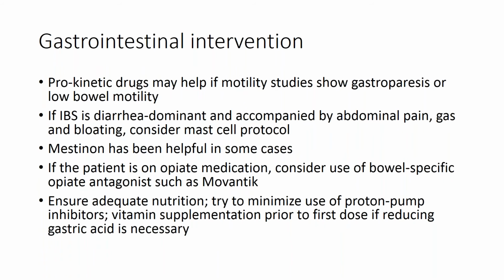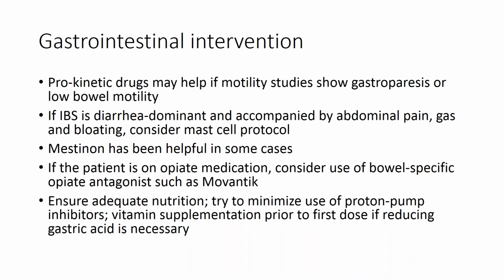So if the motility studies demonstrate that there is a problem with motility either in the stomach or the lower bowel, there are a number of drugs that help move things along in the GI tract. So those prokinetic drugs may be helpful.